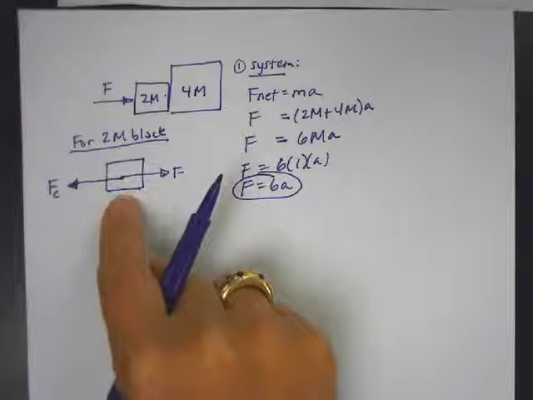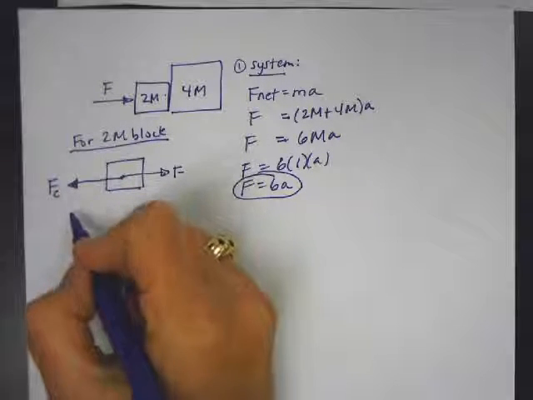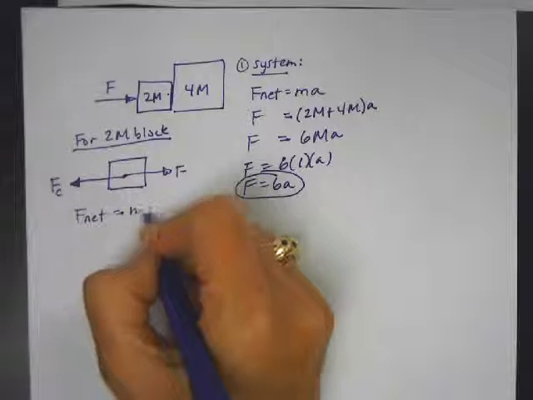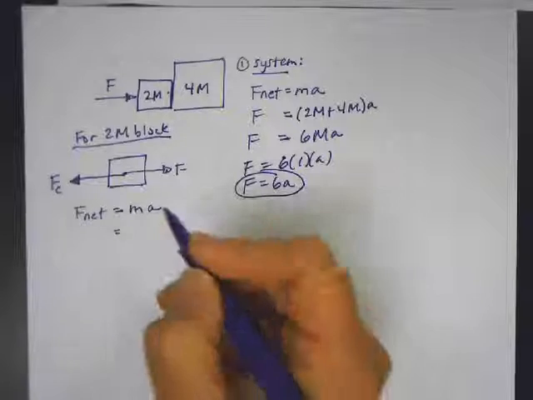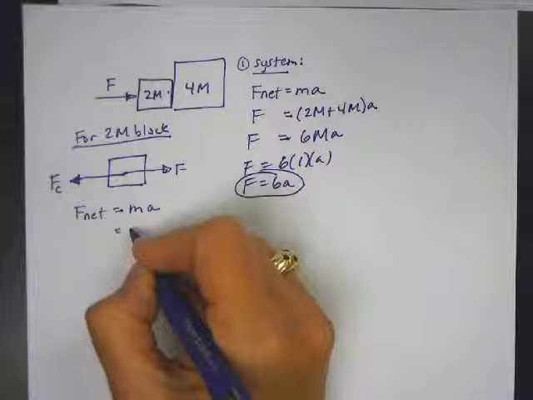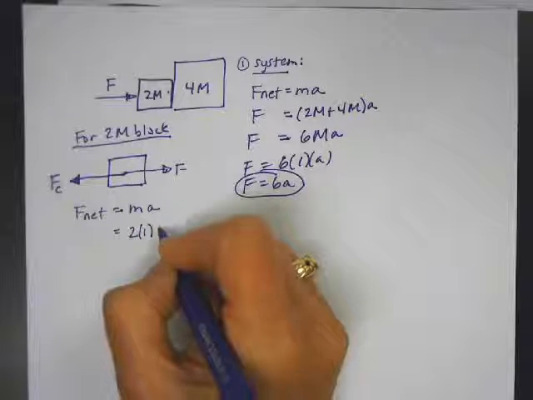So for the 2m block, if I wanted to apply Newton's law and say F net is equal to ma, m is 2 times 1, that's the mass, 2m, times a.